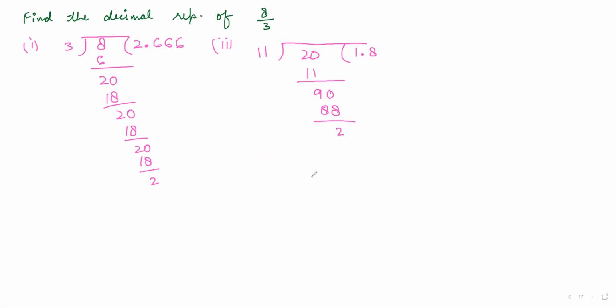So you will get 2. So again put a 0. So 11 into 1 is... no, let me take a different example. Just a minute. Okay, I'll come back to it later. I'm dividing 2 by 11 because I want to show you something. So let's divide 2 by 11.